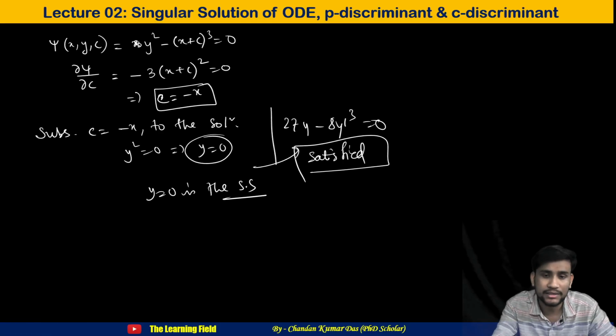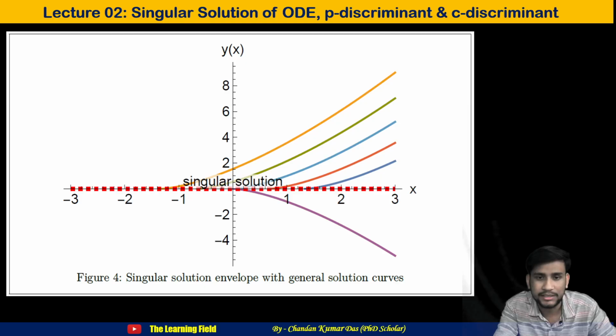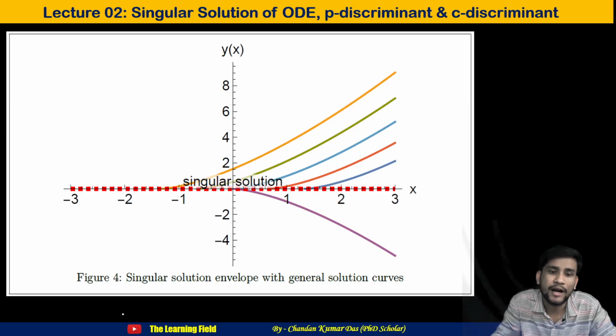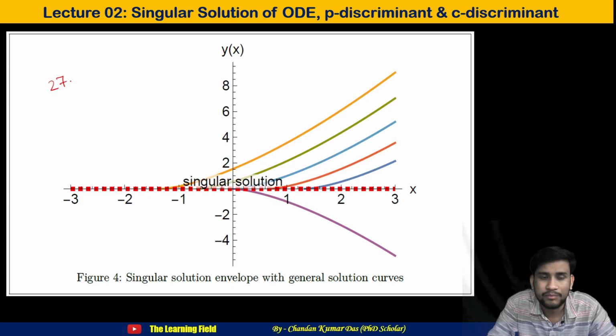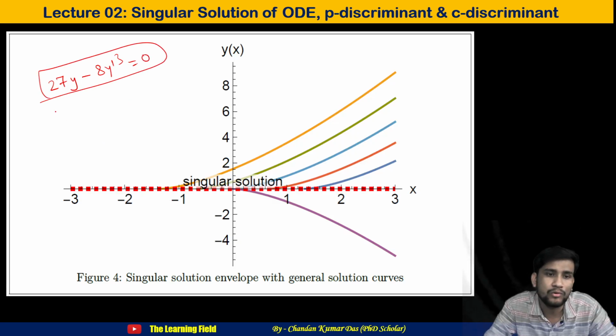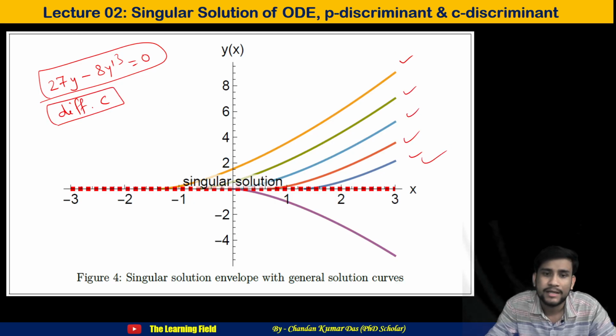So I think you will understand this thing. And this is the graph of this last question, 27y minus 8y dash cube equal to 0. After solving, if we put different c values, then we get these types of graphs.